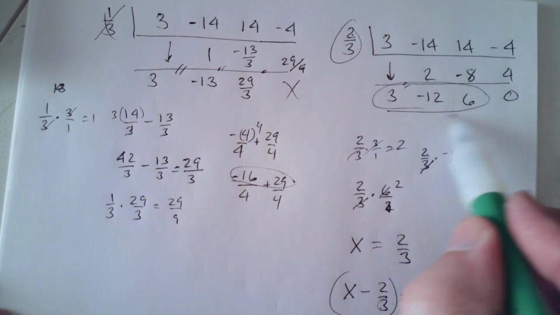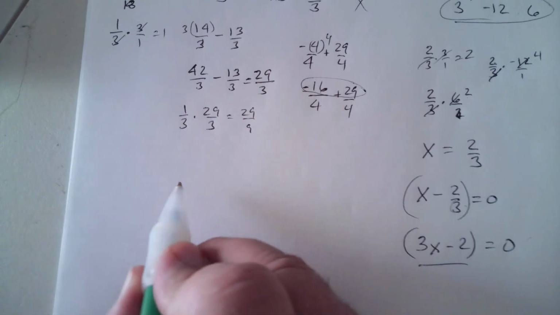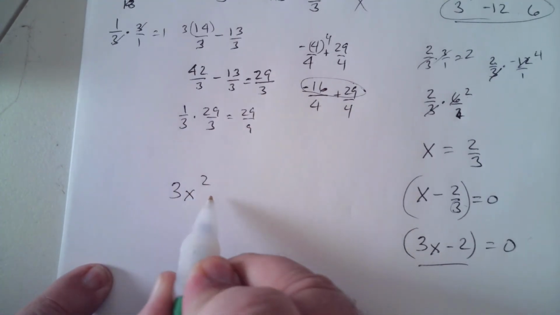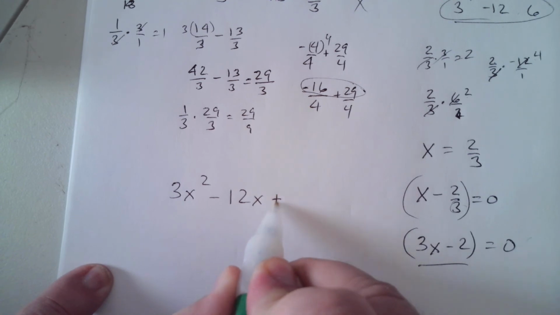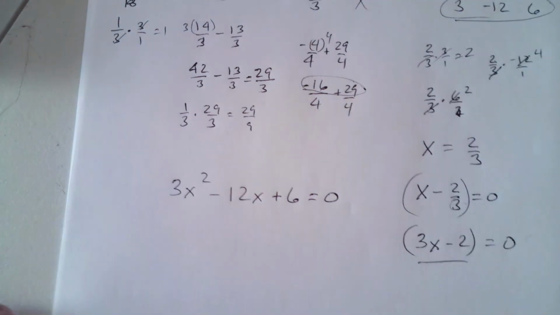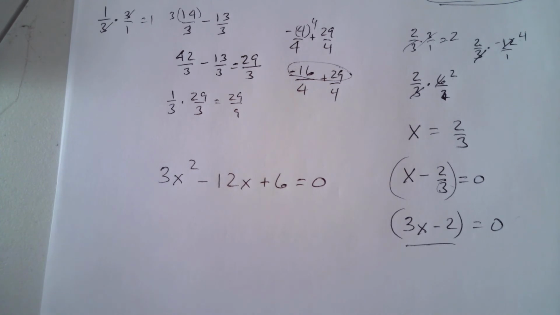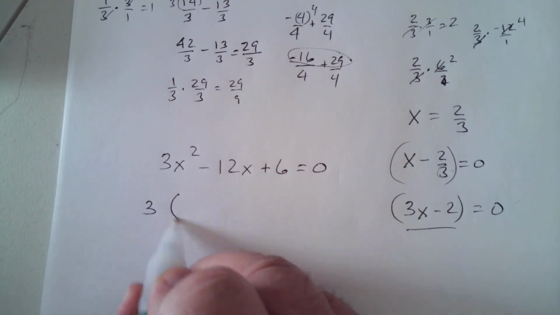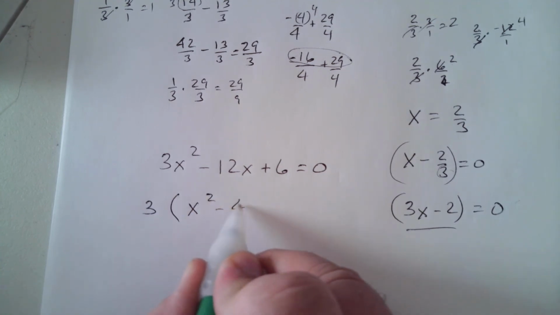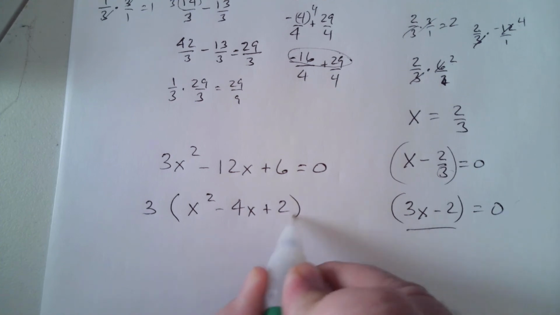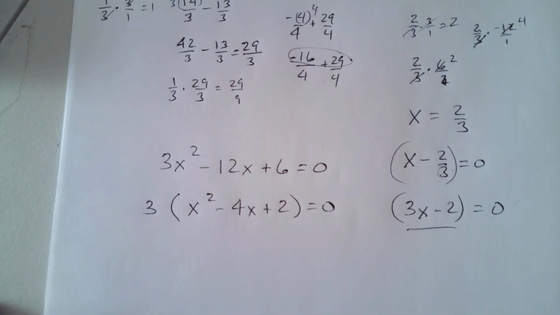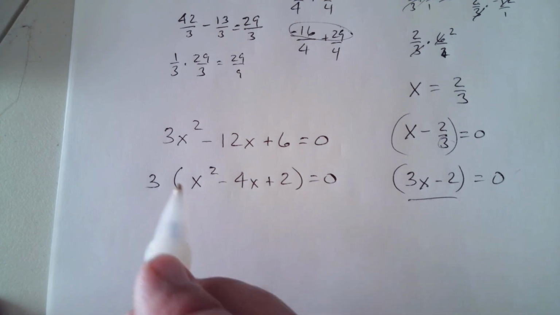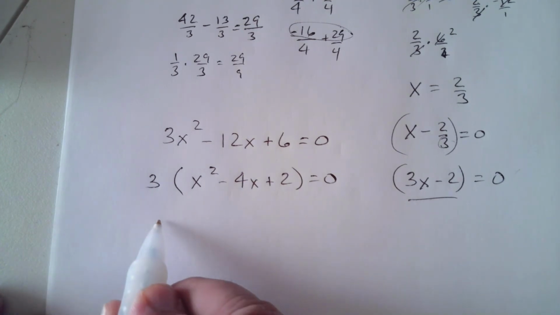Now all we have to do is look at that equation: 3x squared minus 12x plus 6. Because at each term, whenever you find a 0, the exponent decreases. So now we have a quadratic. All these have a 3 in common. It's not going to factor, so we have to use the quadratic formula.